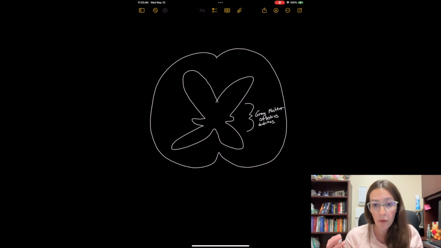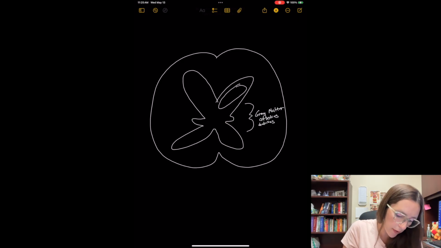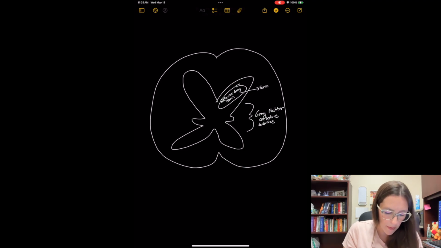So we've got a few different gray matter regions. If I'm organizing it in the spine, in the very back, I have my posterior gray horn. This is going to receive sensory signals. Right here in this middle part, we have the lateral gray horn. And then at the front, truly the front, we have the anterior gray horn.